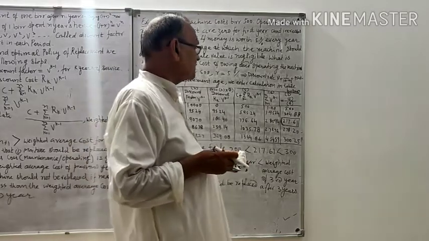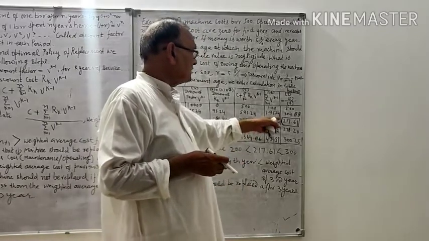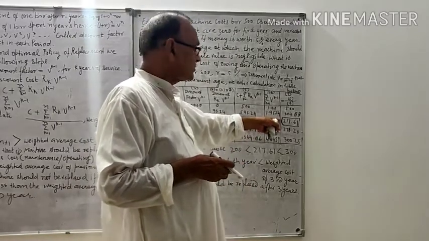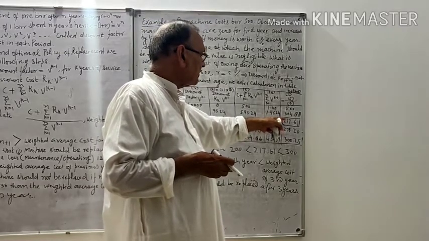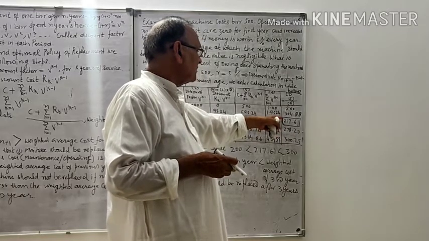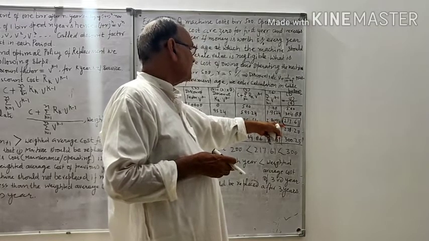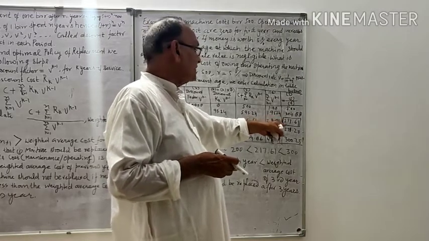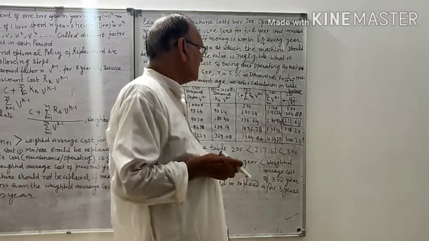We were checking that the replacement year is that year when the average cost goes on decreasing, but at that moment or in that year it starts to increase. So here 217 and then 278.